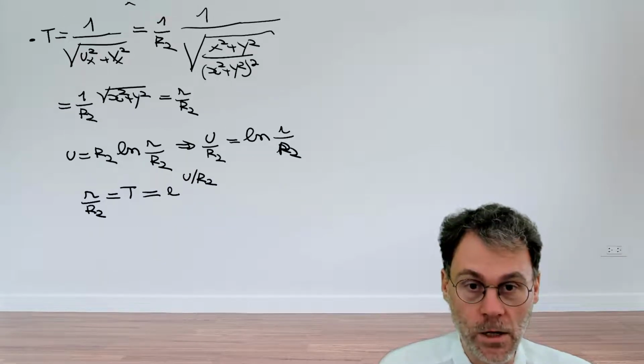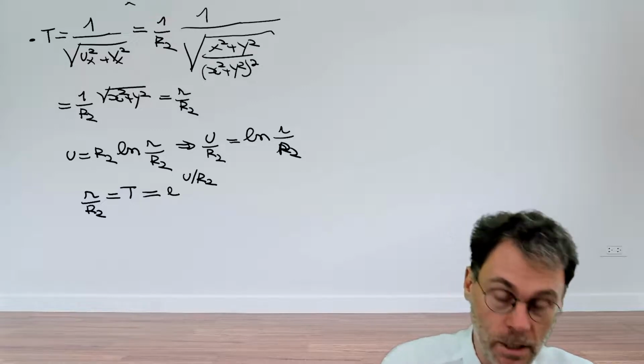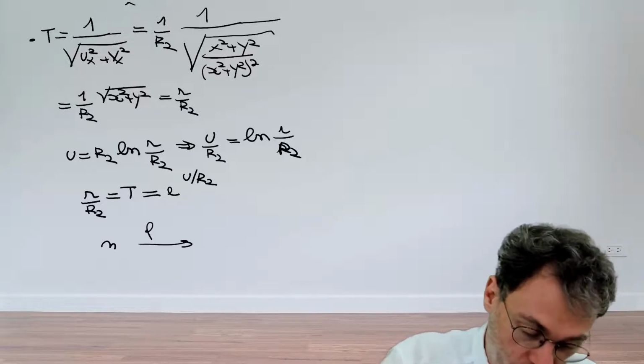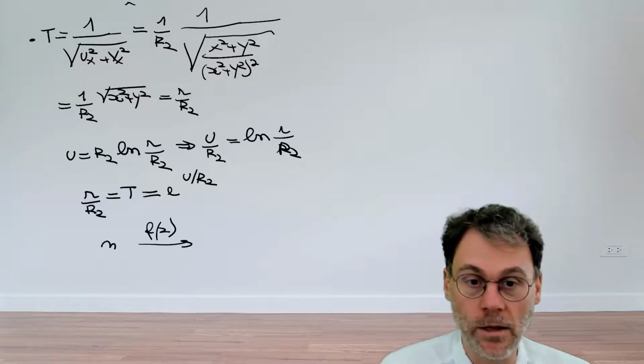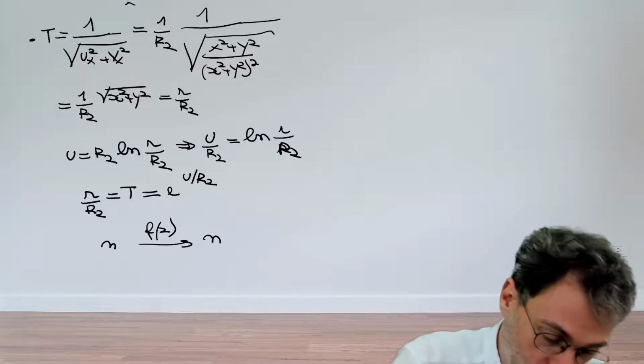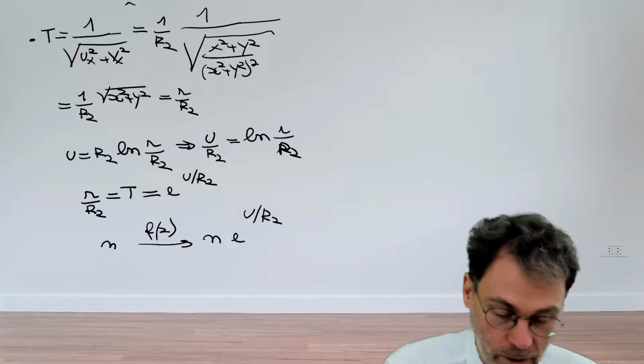Finally, we know that the end result of the conformal transformation will be to take our original index profile and transform that into a new index profile, which is the product of our original profile times our transformation factor, and that's just an exponential.